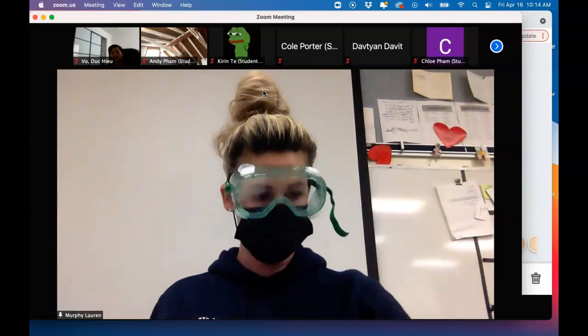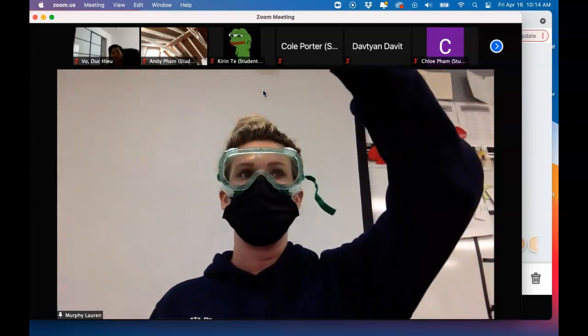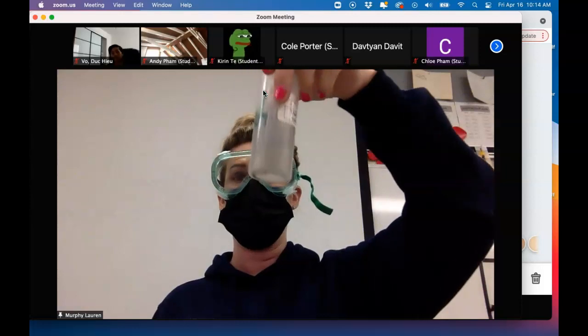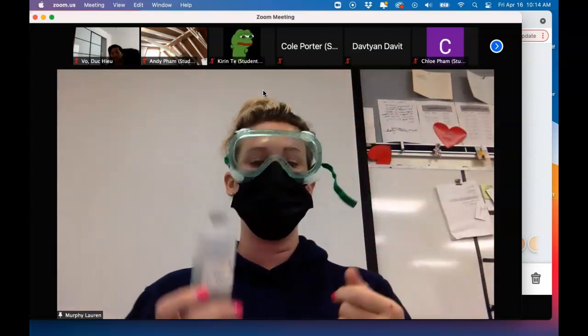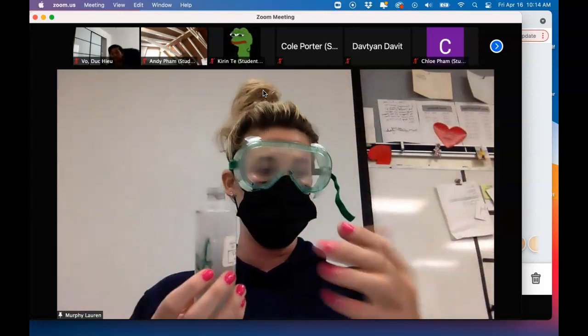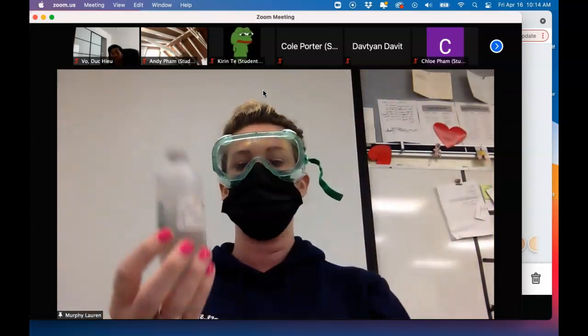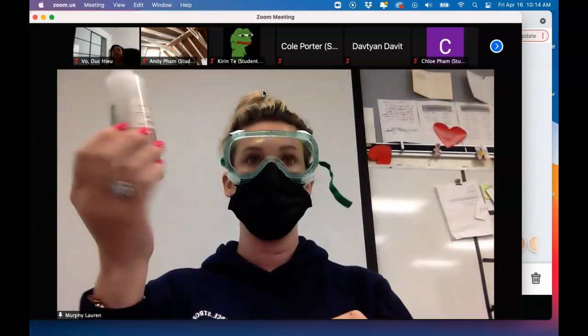Here we go. Silver nitrate. It's aqueous, right? It looks like a liquid. It kind of stains. That's why the bottle kind of looks dark. It stained my fingers too. You can see it stains a little bit, but this is a colorless aqueous solution.